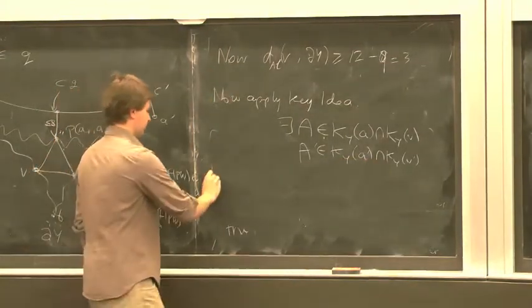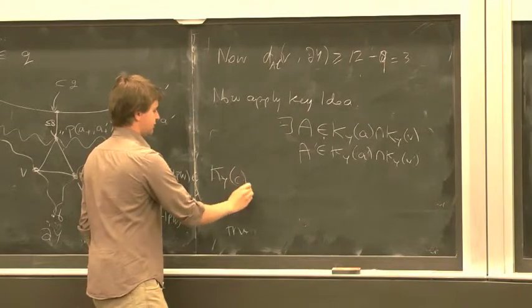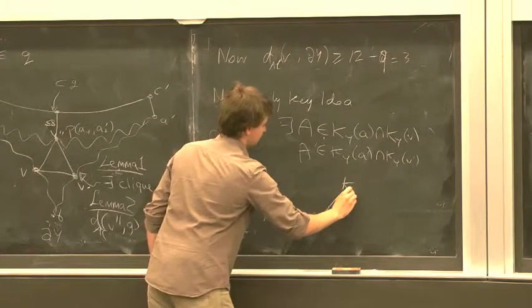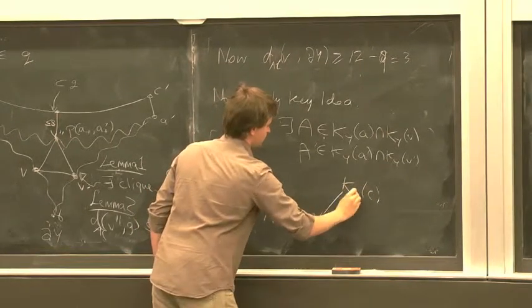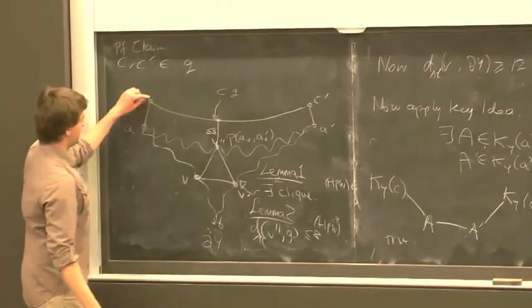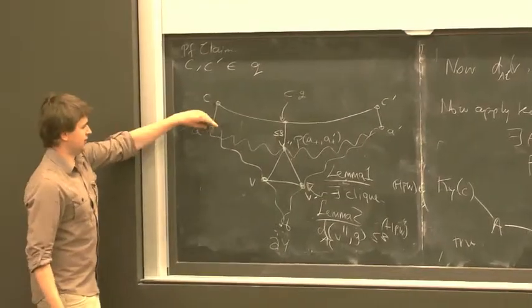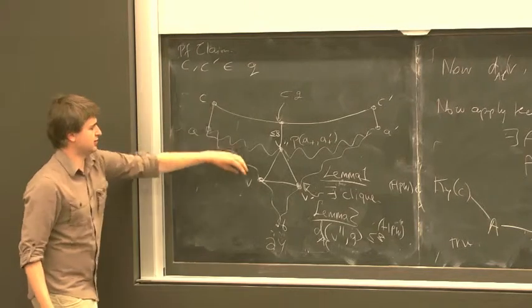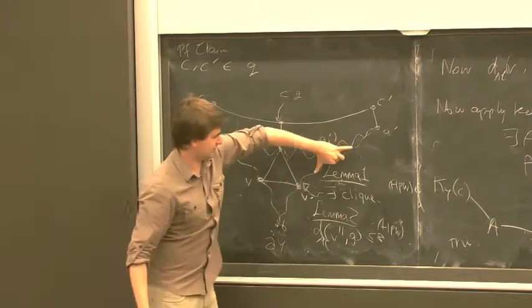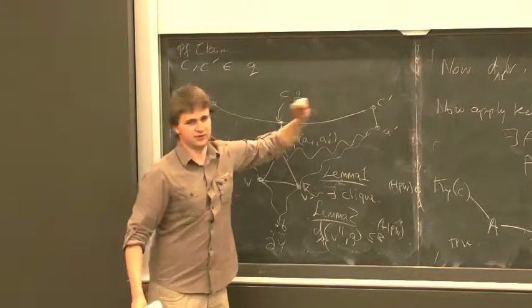So if I take C, then I go to A, then I go to A prime, then I go to Y. So I project this guy, and then this is adjacent to this. These share an arc. That's disjoint to that. These share an arc. And you get to that guy. So through.